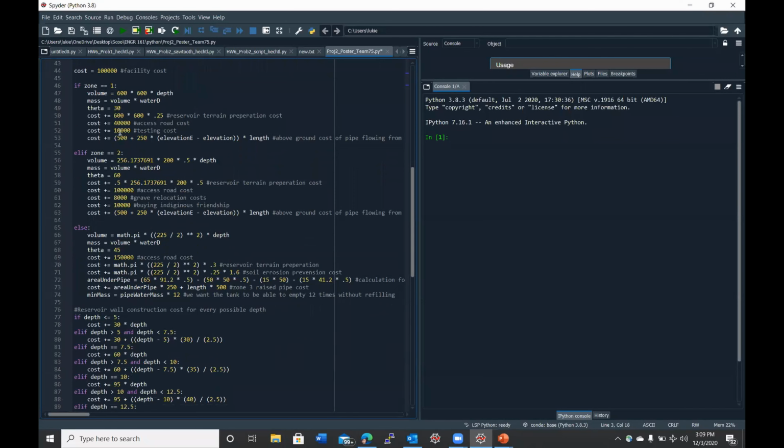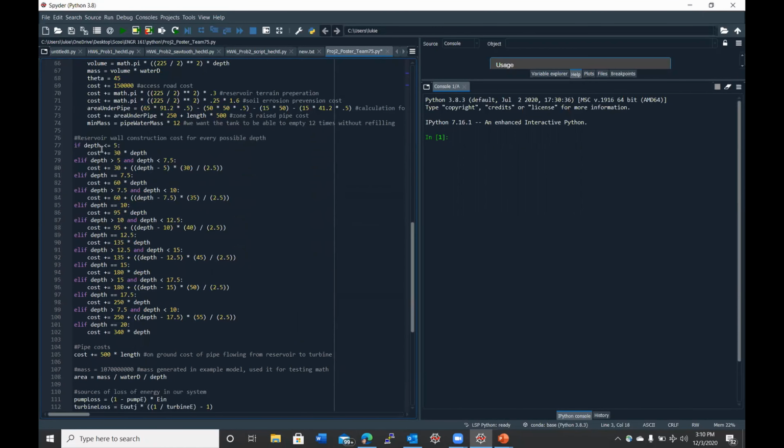And here we have conditions, which are also an input for each of the 3 zones, so we could compare the results of the costs along with the volume and mass produced by each of the reservoirs.